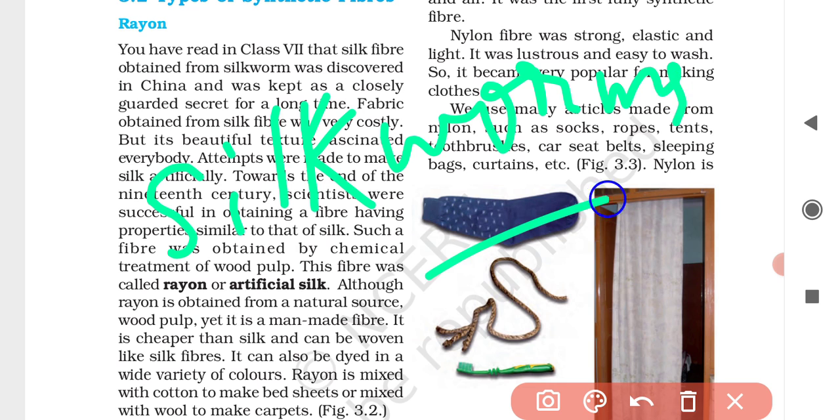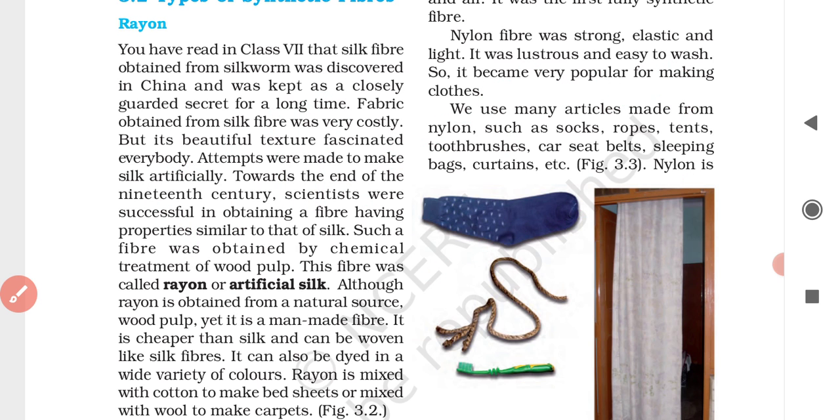So the cloth made from natural silk fibers is very costly, right?